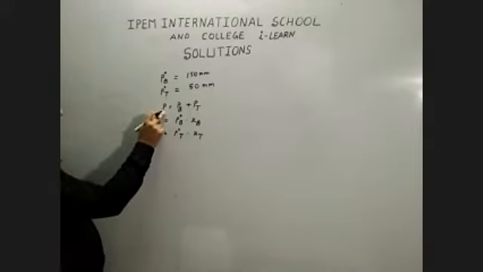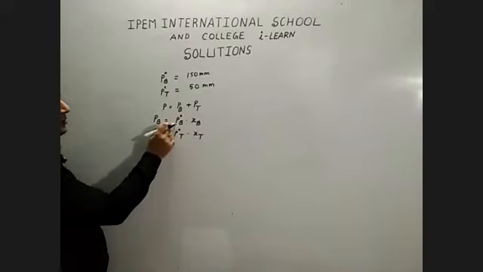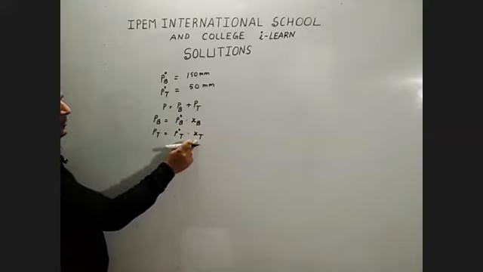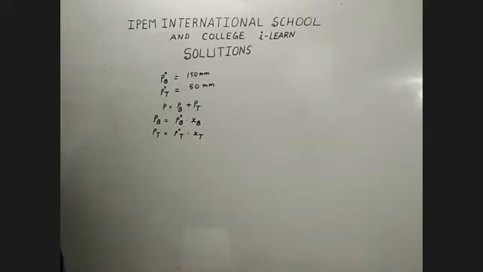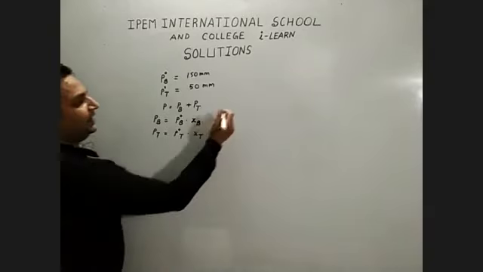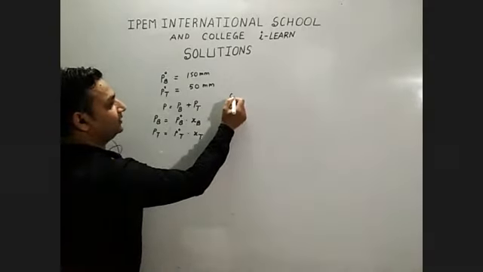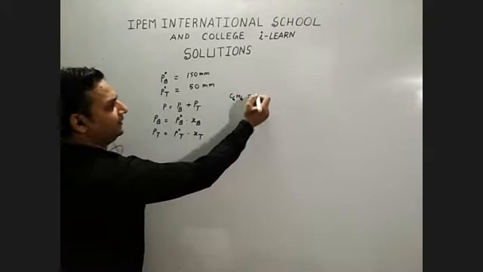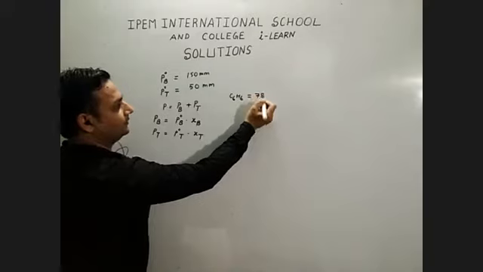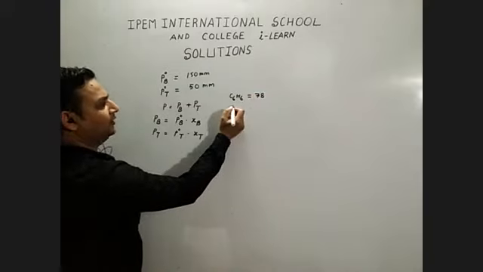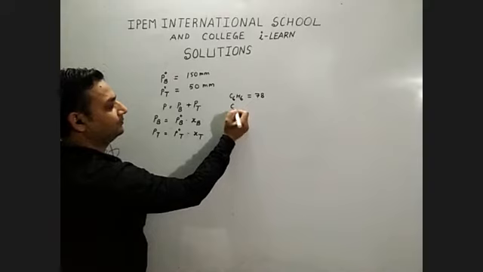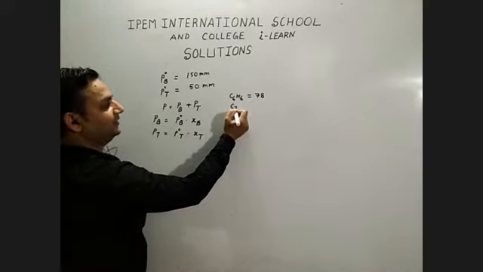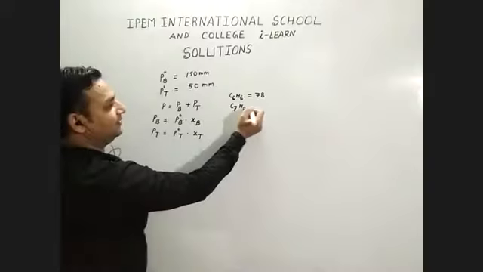P naught B we know, P naught T we know. Now mole fraction XB we don't know. Benzene formula is C6H6, so molecular mass is 78. Toluene is C7H8, that will become 92.